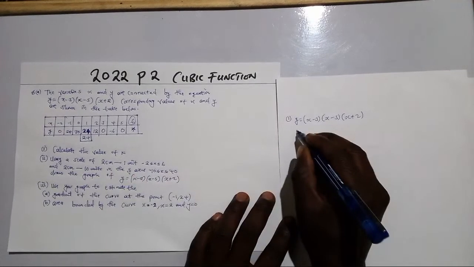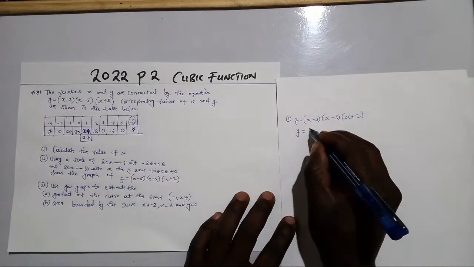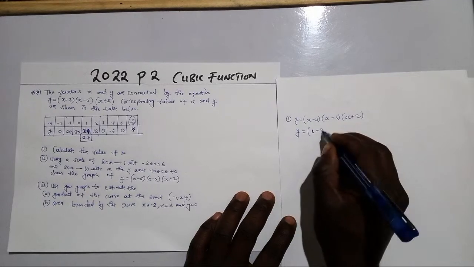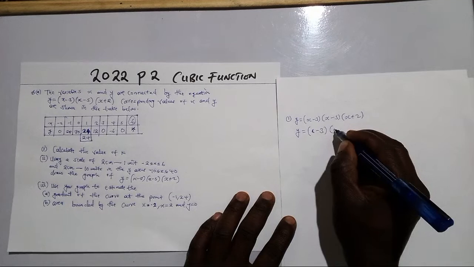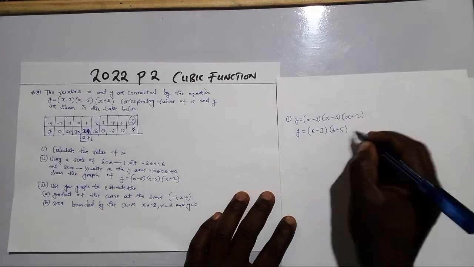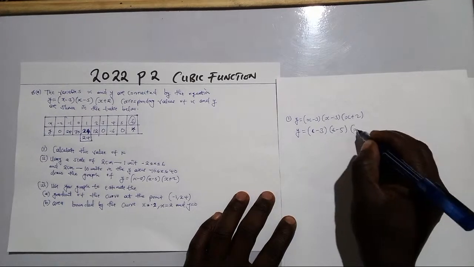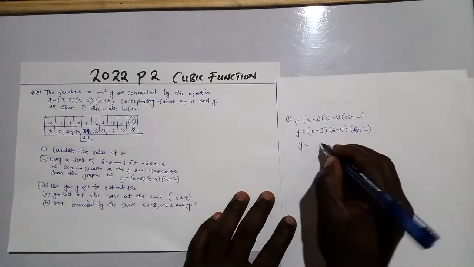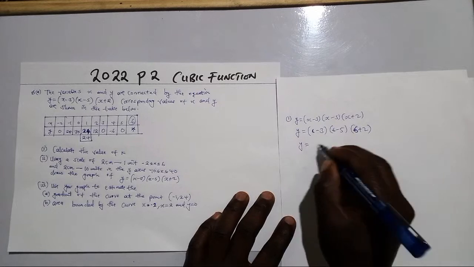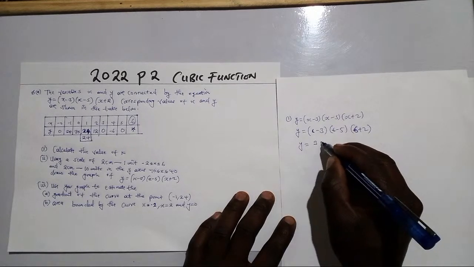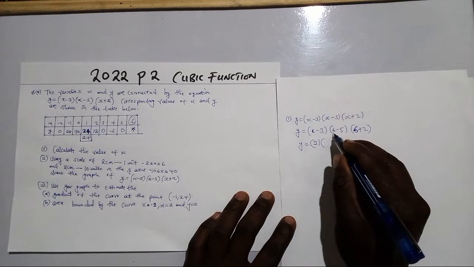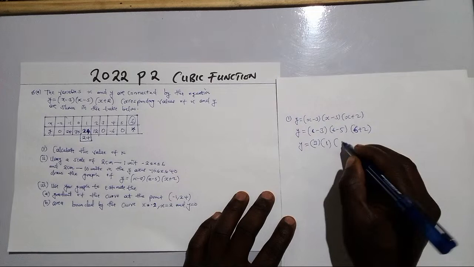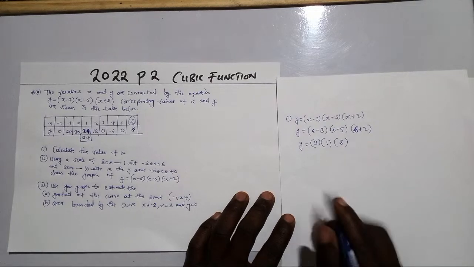So we're going to say y equals open bracket 6 minus 3, then 6 minus 5, then 6 plus 2. Then y will be equal to 6 minus 3, which is 3, then 6 minus 5, which is 1, then 6 plus 2, which is 8.